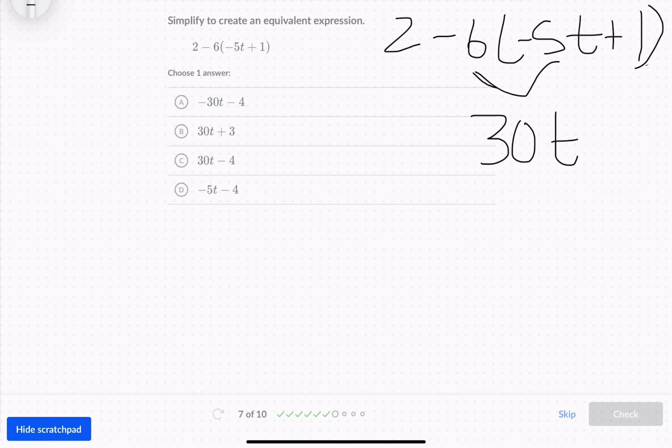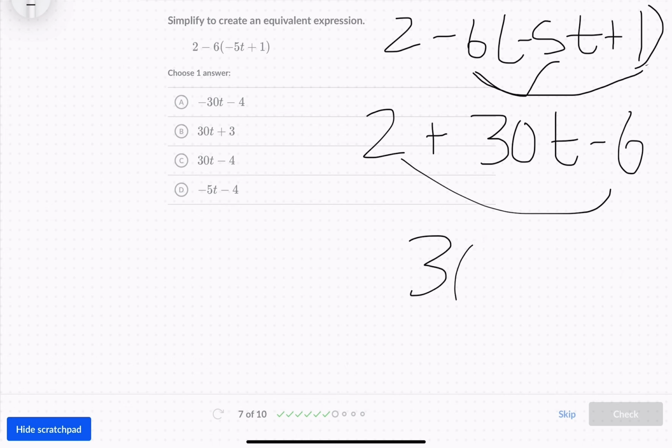And then a minus times a positive is a minus, so minus 6 plus 2. When you combine these, you get 30t minus 4.